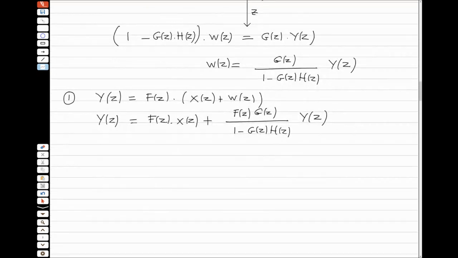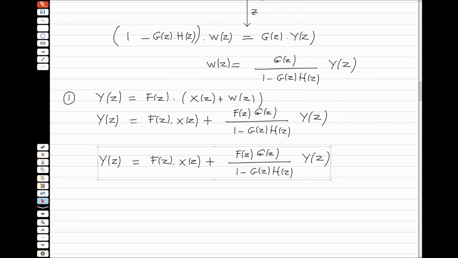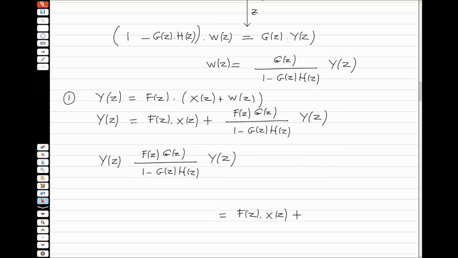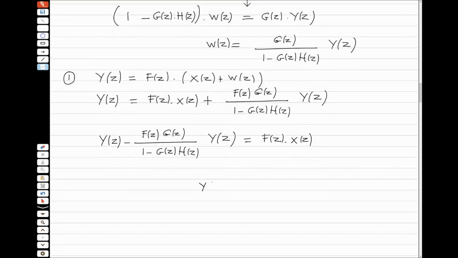And then you want to have y of z in terms of x of z. So you are going to get, I'm going to put the y's on the left side. And then clearly you can get y in terms of x.